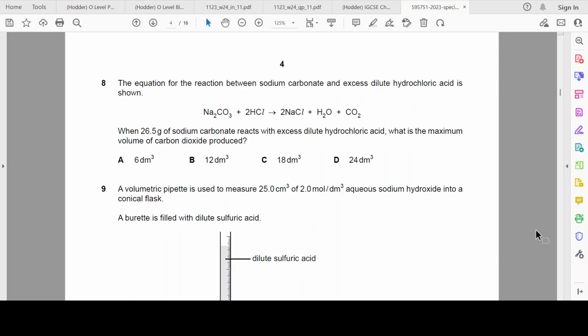When 26.5 grams of sodium carbonate react with excess dilute hydrochloric acid, what is the maximum volume of carbon dioxide produced? What do you need to do to answer this question? This is a calculation question, so you need to be quick about it.